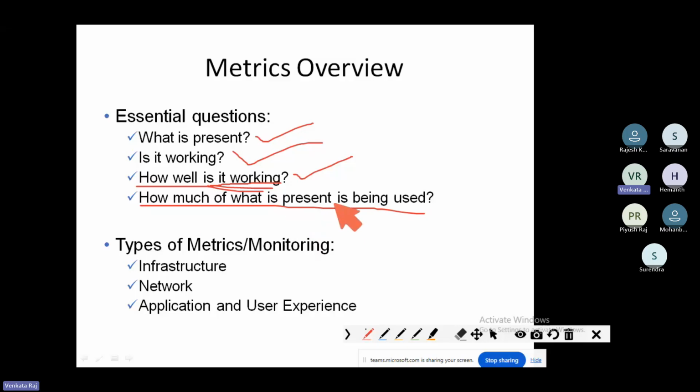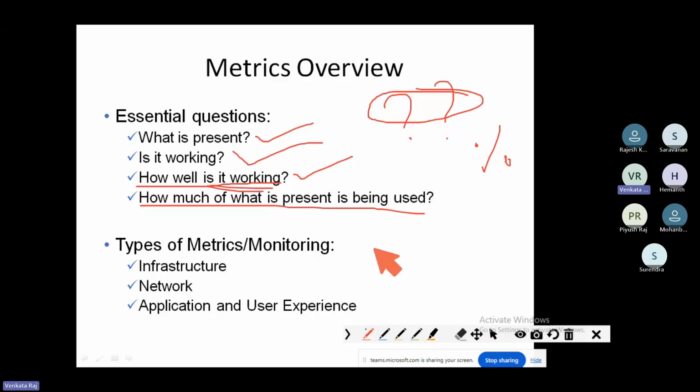For it to work well, we must also know how much is present, and out of this, what percentage is being used. For example, in one of my application servers, I have, let's say, 8-core CPU or 16-core CPU, basically 16 processors.